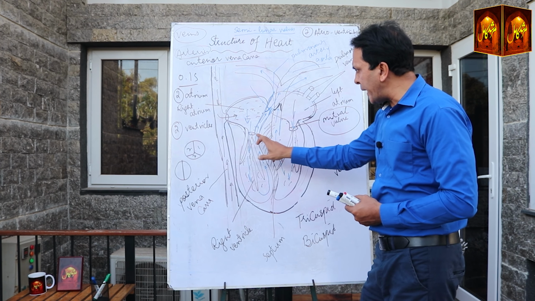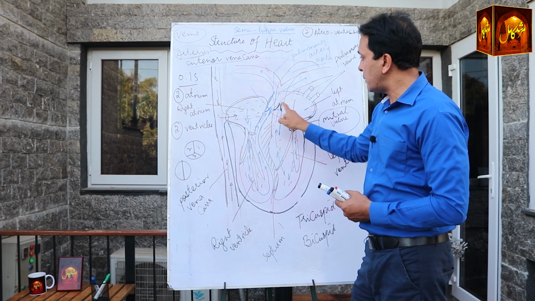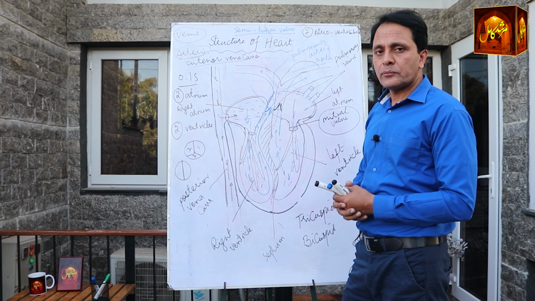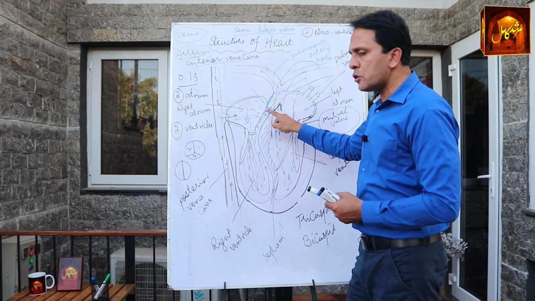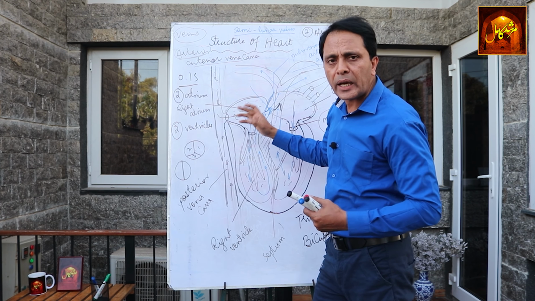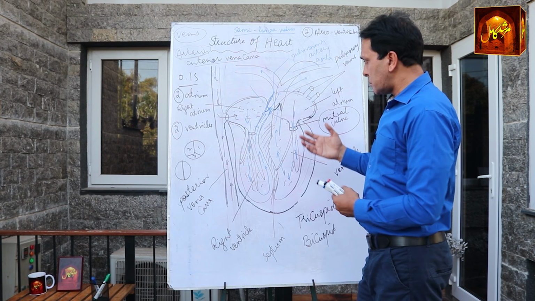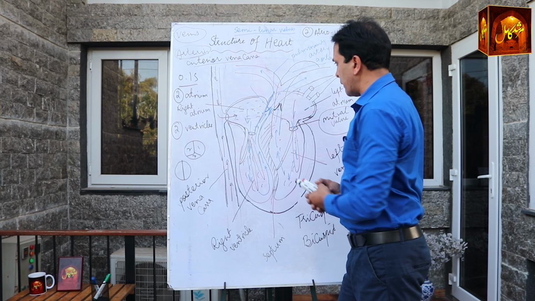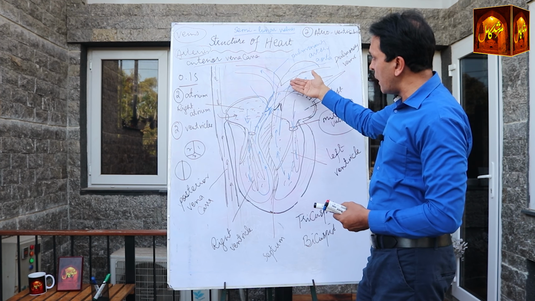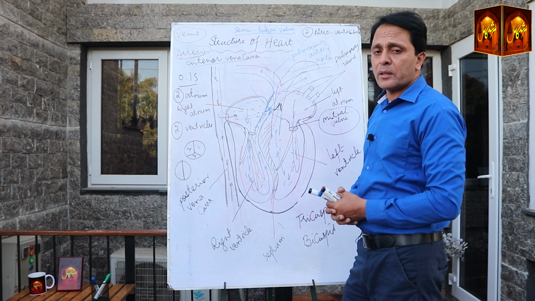When these two atrioventricular valves are open, the semilunar valves are closed at that time. Because if they are not closed, some of the blood can flow back into the ventricles.